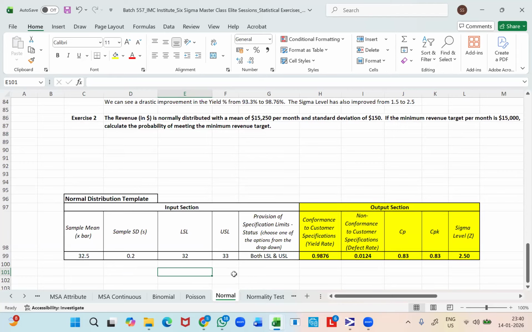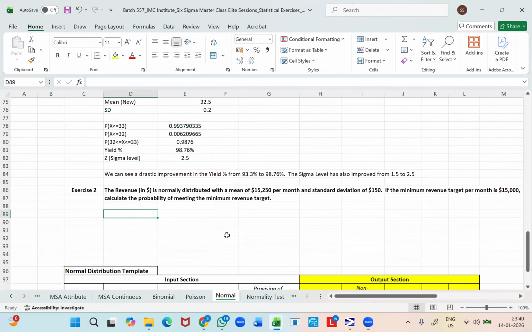For nominal the better, you'll be provided with both LSL and USL. So you can use this template, provide all the input values, and calculate either the yield percentage, the defect percentage, or the sigma.